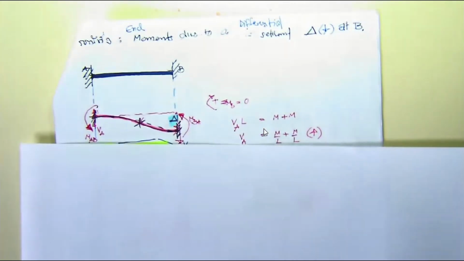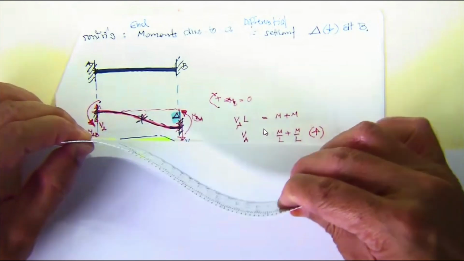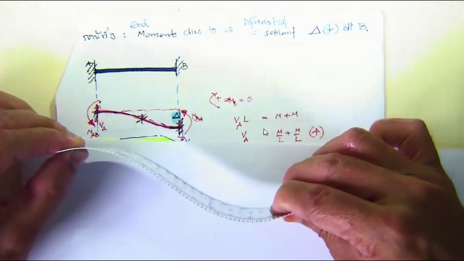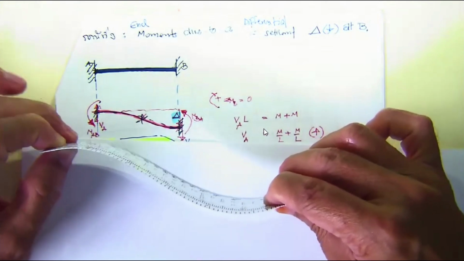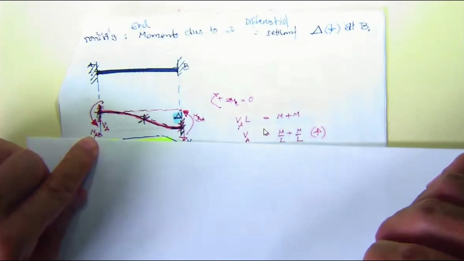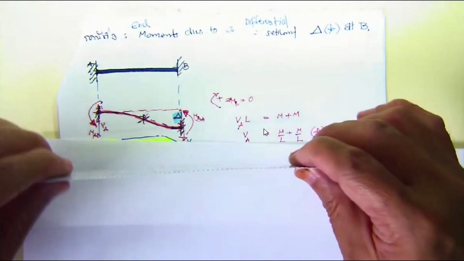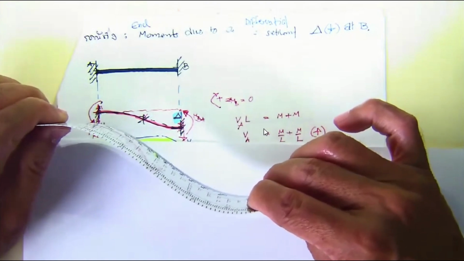If you bend it, you will get this kind of deformation. The moment over here is m sub ab, rotating in the counterclockwise direction. The same thing, m sub ba bends in the counterclockwise direction.